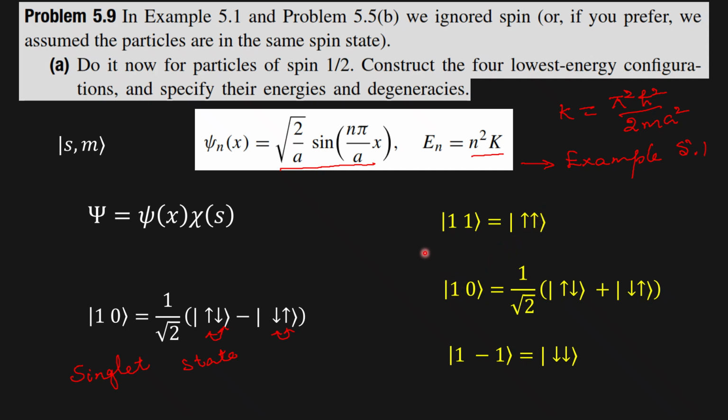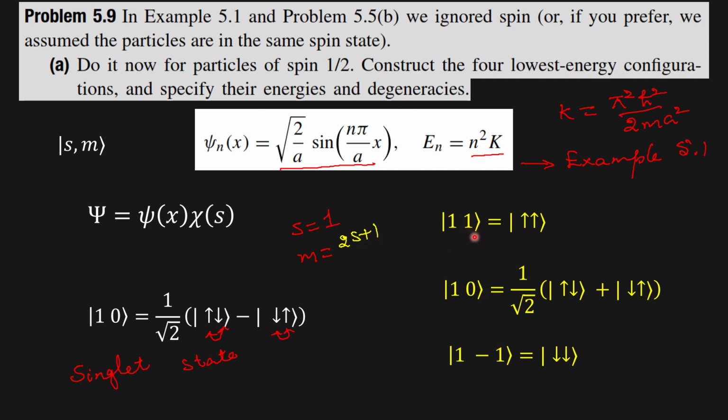If S is equal to 1, then the number of M values is 2S plus 1, which is 3. They start from minus S and end with plus S: 1, 0, minus 1. So you have three states.